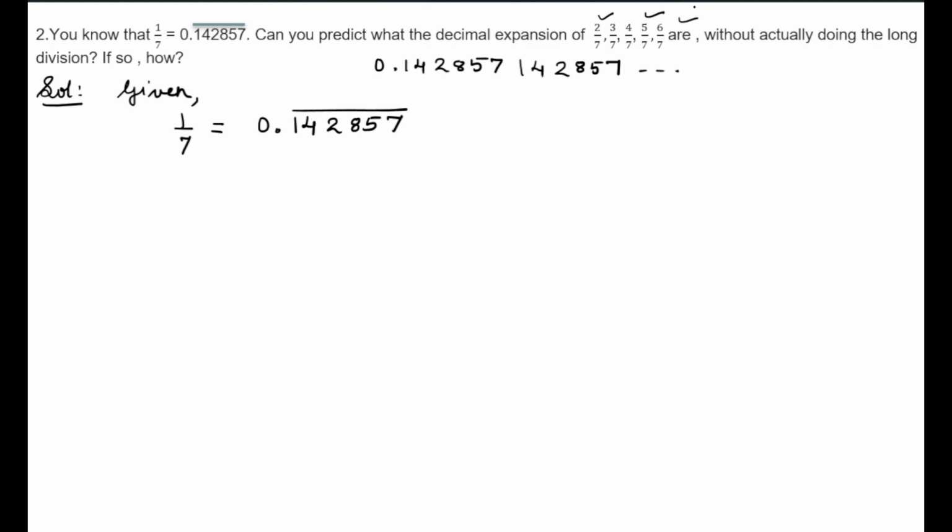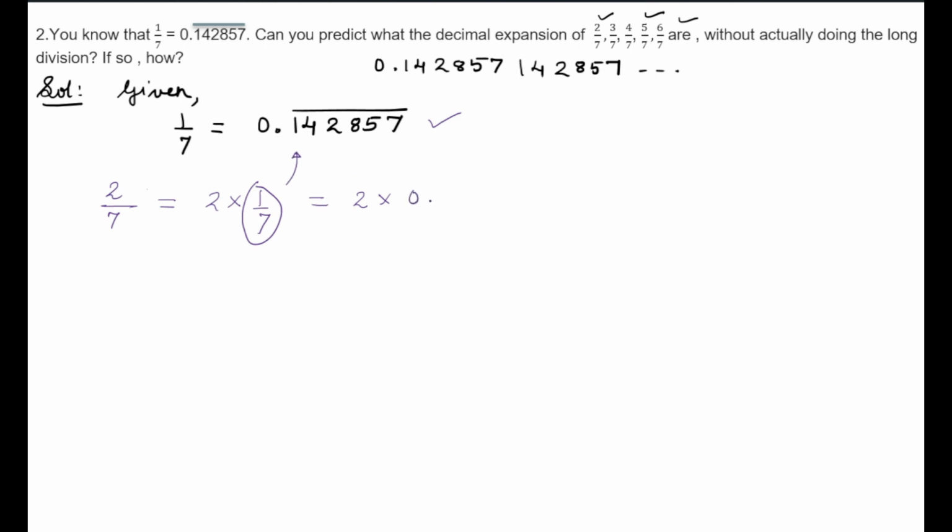So the catch is here that we have to get the values of 2 by 7, 3 by 7, 4 by 7, and so on till 6 by 7 without actually doing the division, which is quite easy, right? So how we can do this is, see, this thing is given to us. So talking about the first value, to calculate 2 by 7, can I just rewrite 2 by 7 as 2 into 1 by 7? Yes. So 2 will be as it is. And what is the value for 1 by 7?